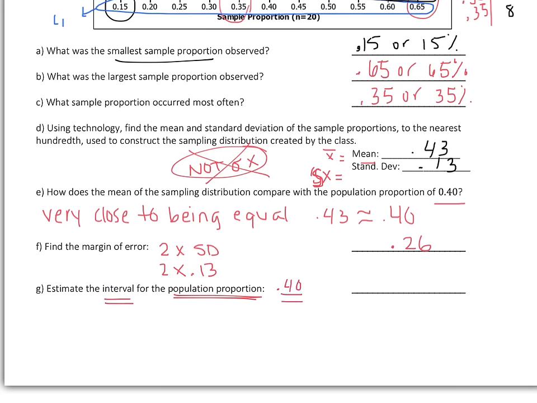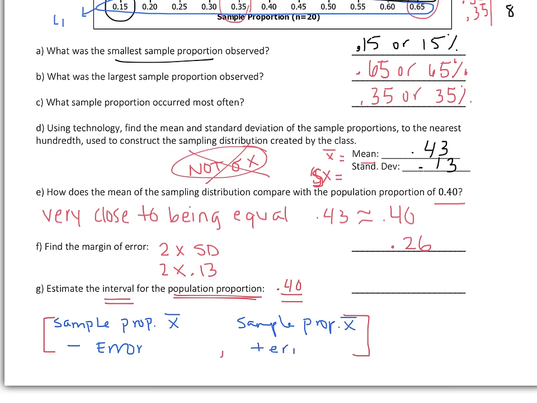Let's see if we can get an interval that includes that. So we have a lower limit and an upper limit in this interval. The way that we find it, if you recall from last lesson, is that you're going to take the sample proportion mean and subtract the error, and we'll take the sample proportion mean and add the error.